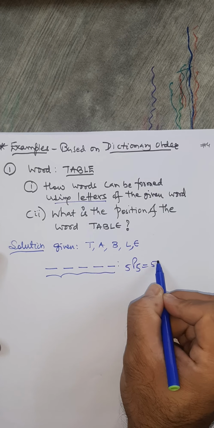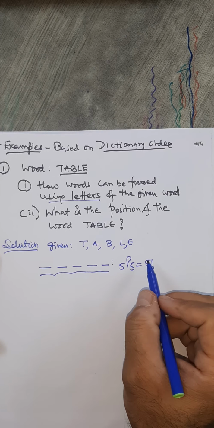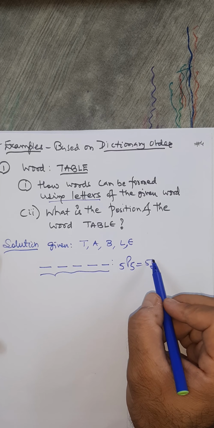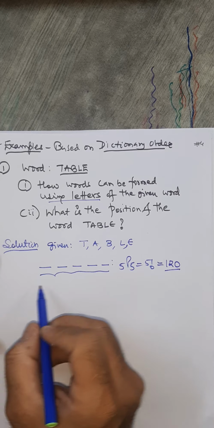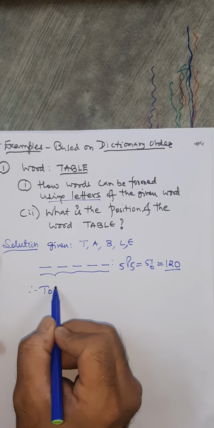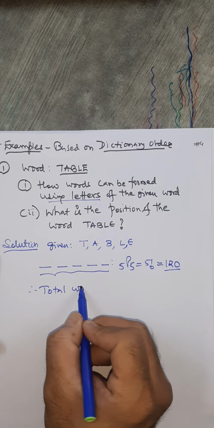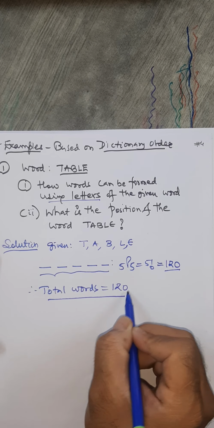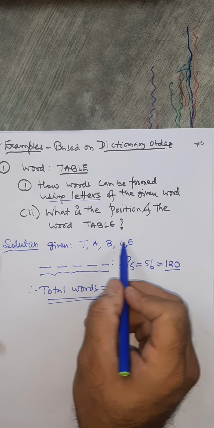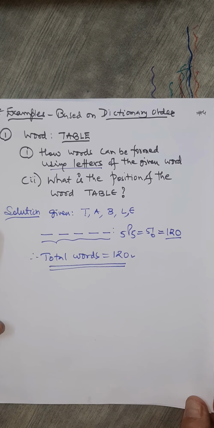So that is 5 factorial. And here it would be how much? 5 factorial, 120, right? So therefore total words kitne banenge? Total words equals to 120 using all the letters of the given word table.